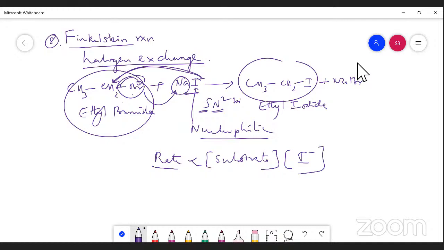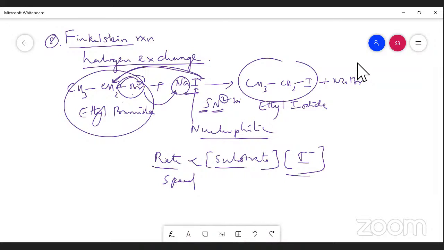The speed of the reaction depends upon two molecules, that is bi. So we can say it is bimolecular nucleophilic substitution reaction. Next we can go for the next method of preparation.